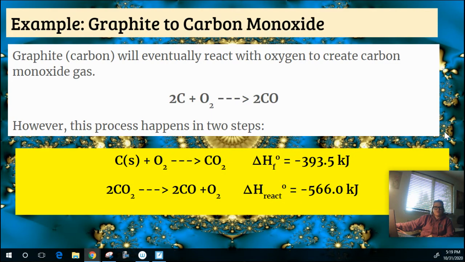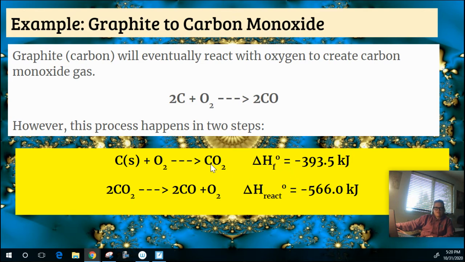Here are the steps in which it's going to occur. I'm going to have my carbon reacting with oxygen first, but the first thing I'm going to make is carbon dioxide. And that's going to have an enthalpy of formation where I'm going to release 393.5 kilojoules of heat when this reaction happens.